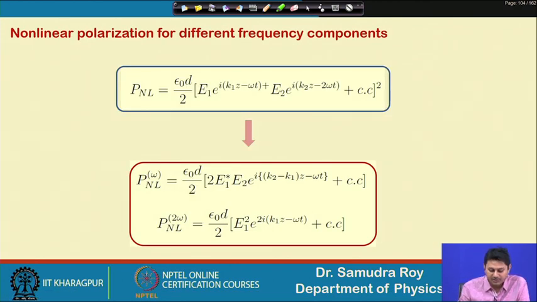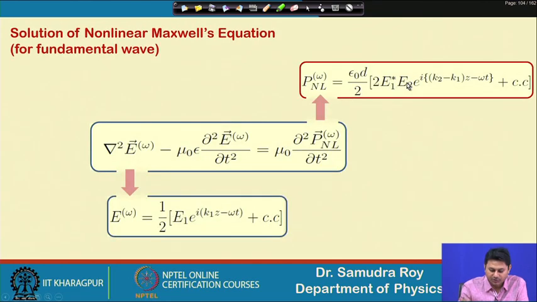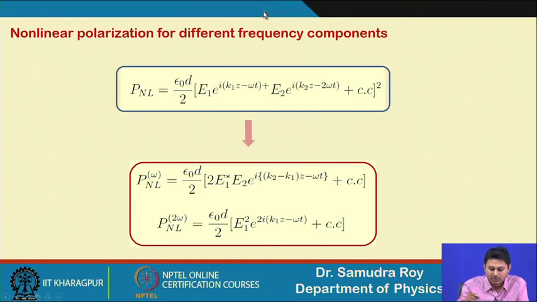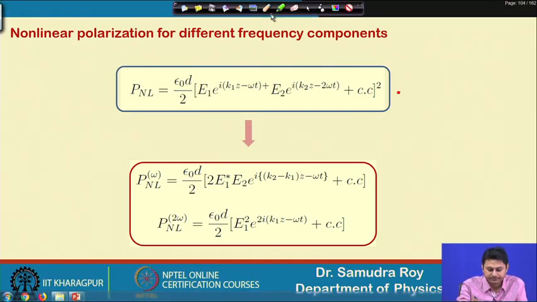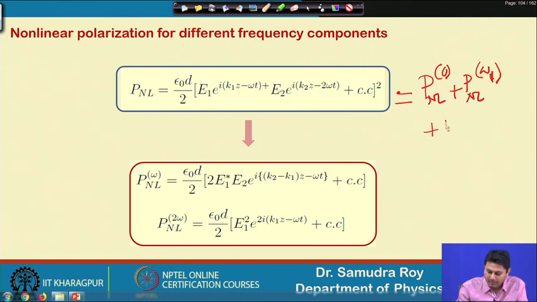Now we will try to find out what P nonlinear omega and P nonlinear 2 omega are, because when we do this entire calculation, for sure I will have some components: P nonlinear 0, plus P nonlinear omega, plus P nonlinear 2 omega.